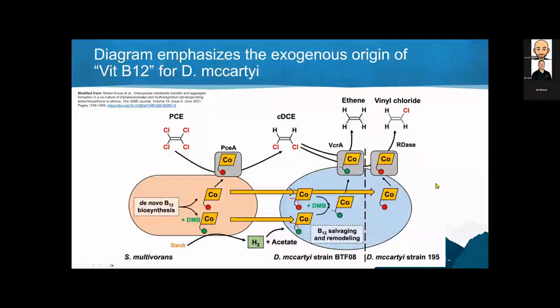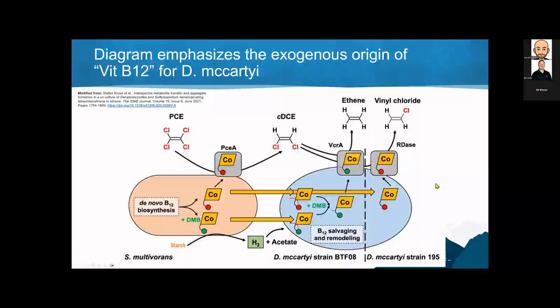Now, the cobalamin that it produces can either be remodeled, as in Dehalococcoides mccartyi strain BTF08, so it can change what's provided to it and then use it, or it can use it directly, as in Dehalococcoides mccartyi 195.